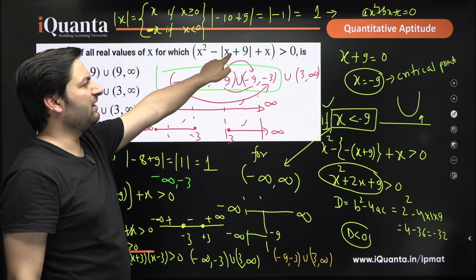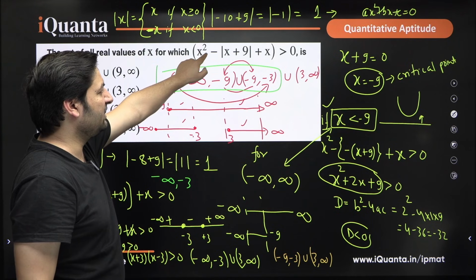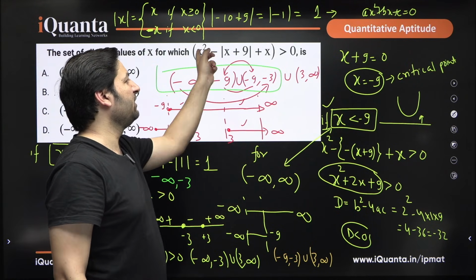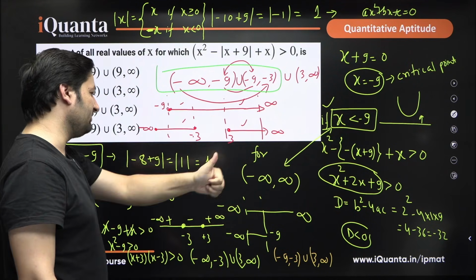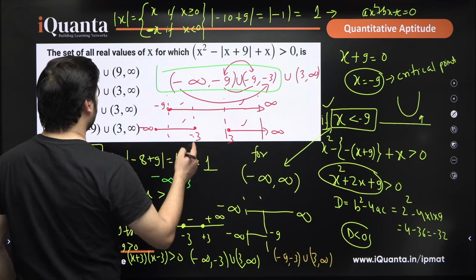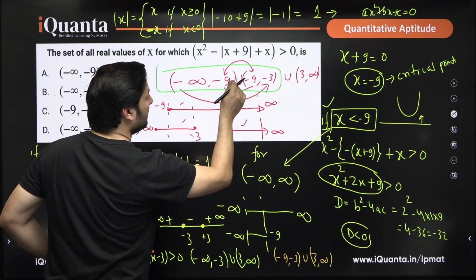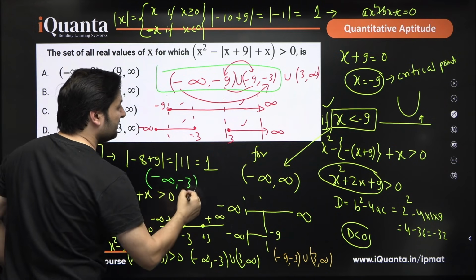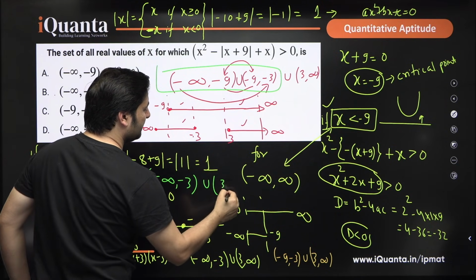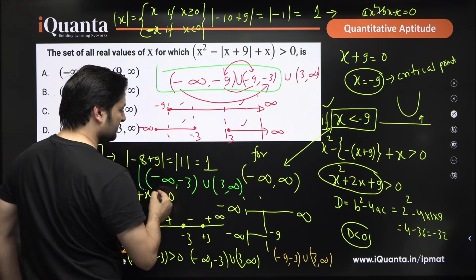Is minus 9 satisfying my inequality? Minus 9 squared is 81, minus this is 0, minus 9. So 81 minus 9, 72, 72 is greater than 0. Yes, we can take minus 9 into account, right? So minus infinity to minus 3 can be written union 3 to infinity. This is my final solution.